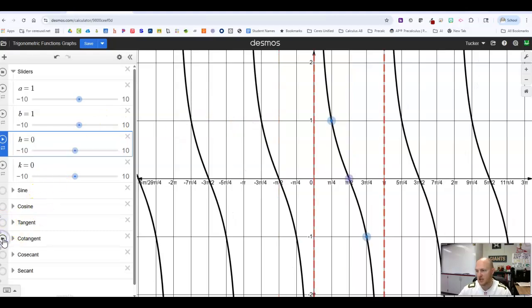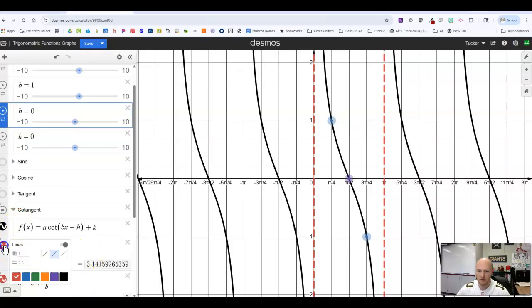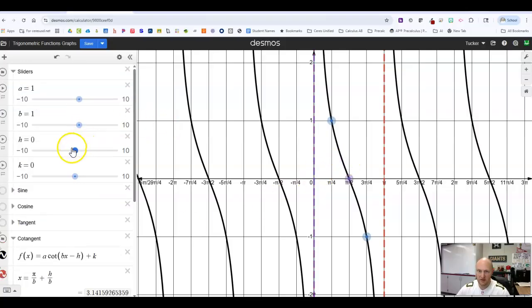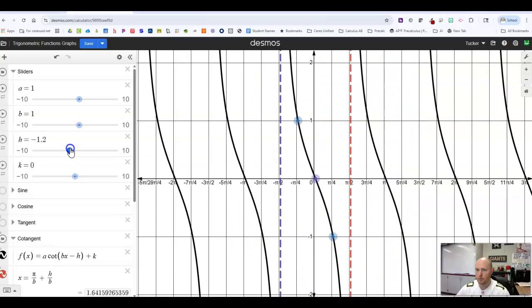So let me turn on the cotangent function. Here's our cotangent function. And watch this asymptote. Let's make this one purple. Okay, so watch what happens if I move my graph left or right.